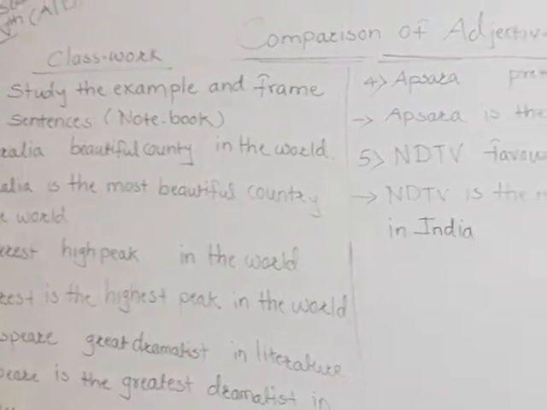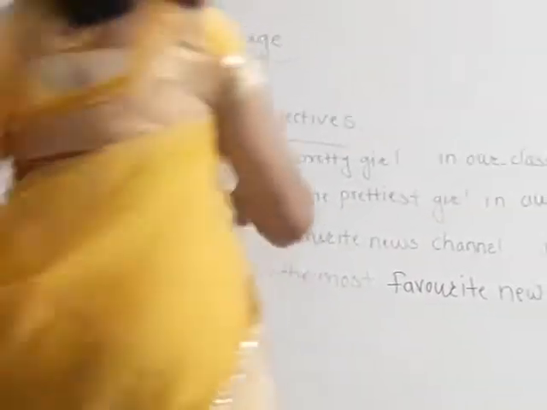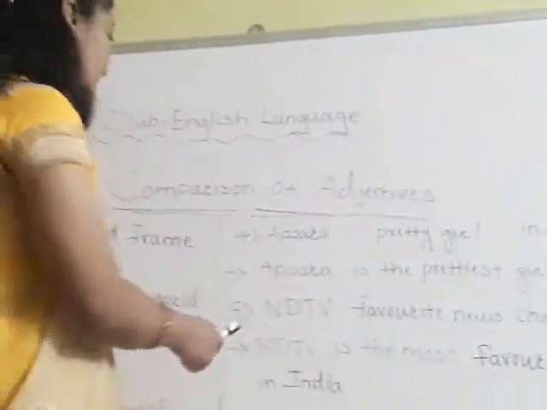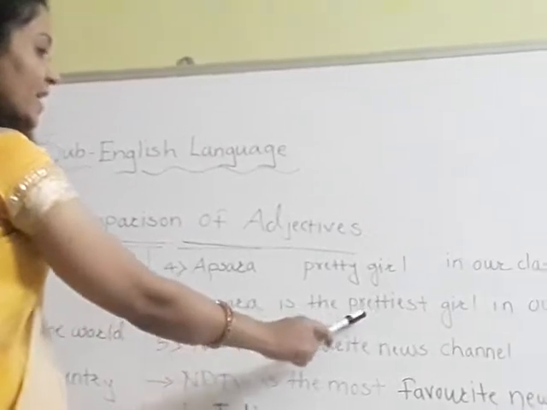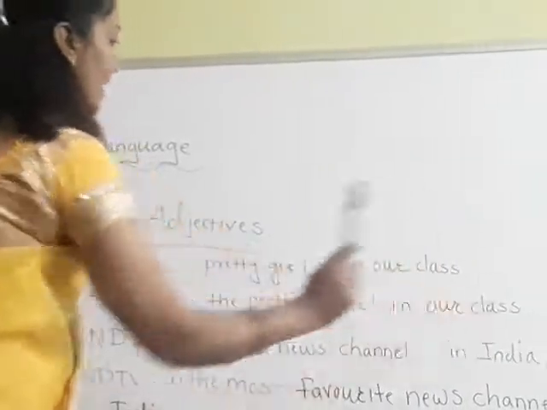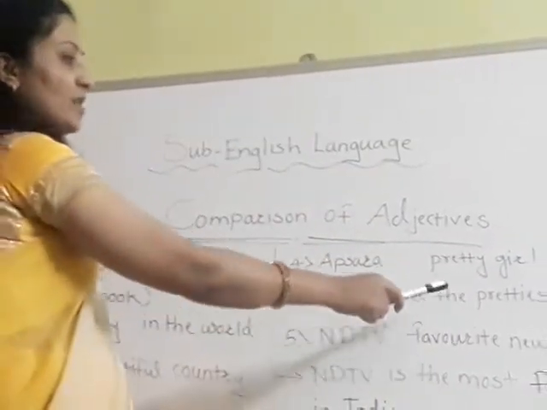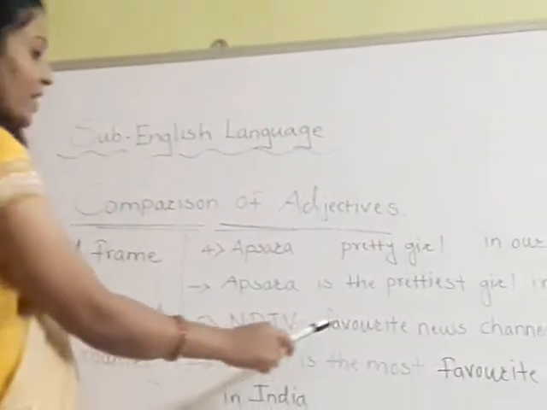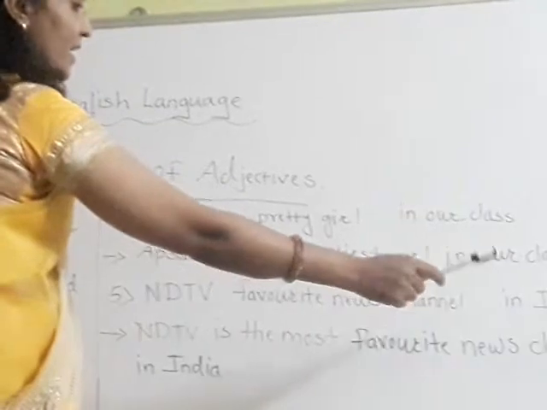Now see the next sentence, fourth one. Apsara, pretty girl in our class. Okay? So the answer of this is Apsara is the prettiest girl in our class. Fifth one, NDTV, favorite news channel in India.